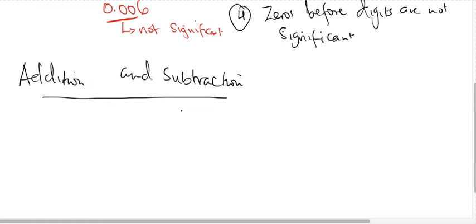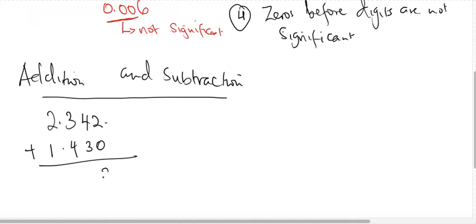For example, if we have 2.342 plus 1.43, let's add.